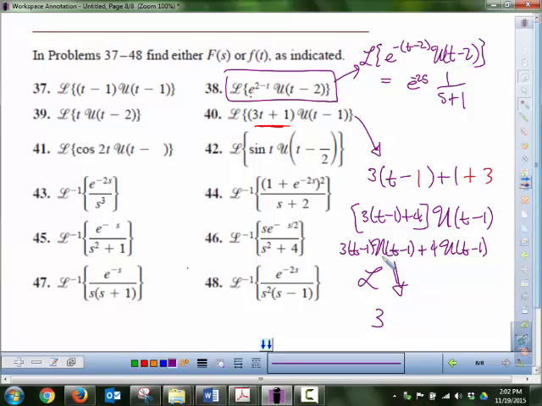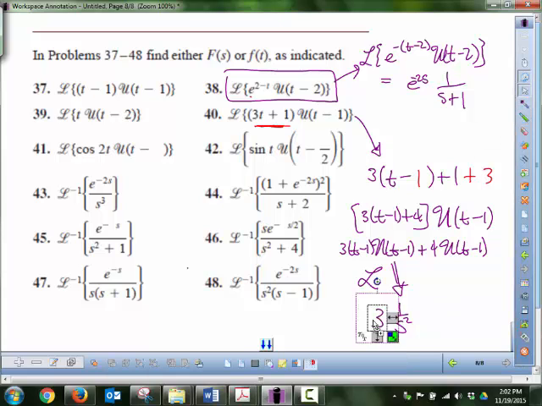1 over s? 1 over s? 1 over s squared? Oh, there's a shift, right? E to the, what was the shift?